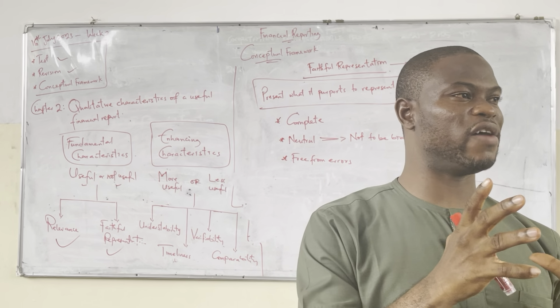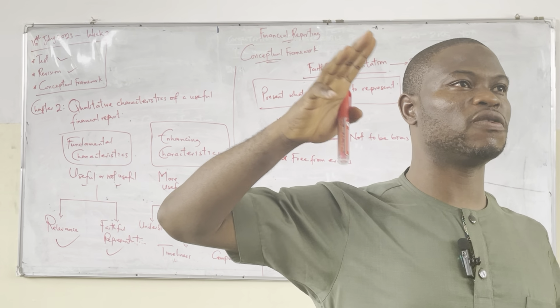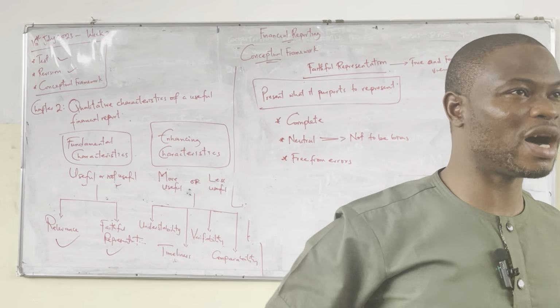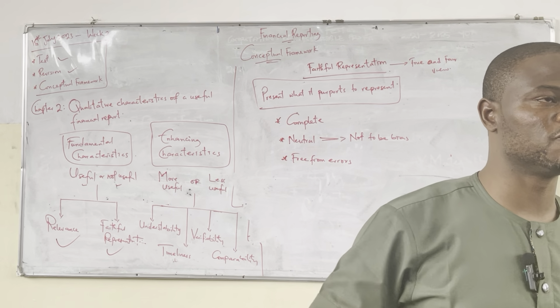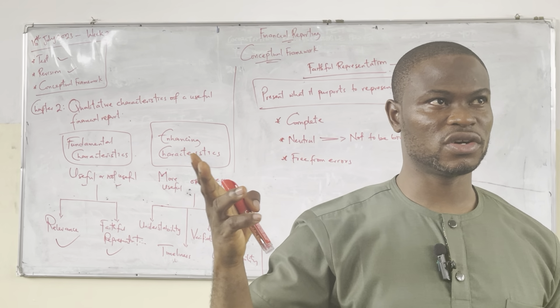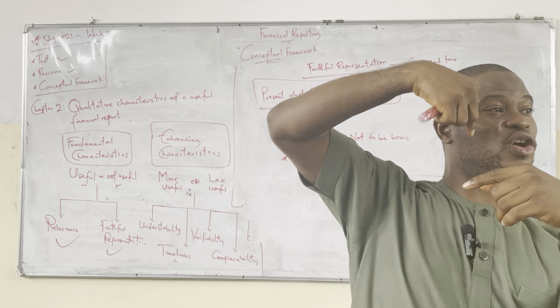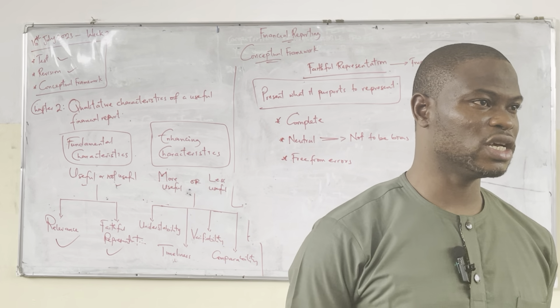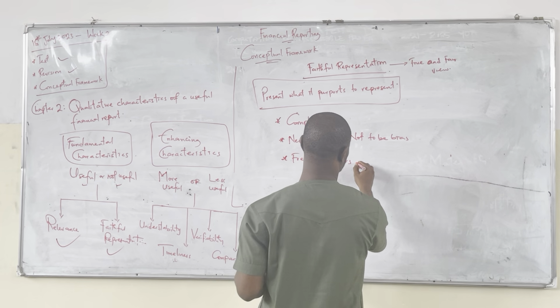So if you have a figure of assets of, let's say, 10 million, you need to explain to us what happened. That is free from error. If you have a fair value reserve of 10 billion, you need to explain to us what gave rise to that. That's free from error. It's just explaining.